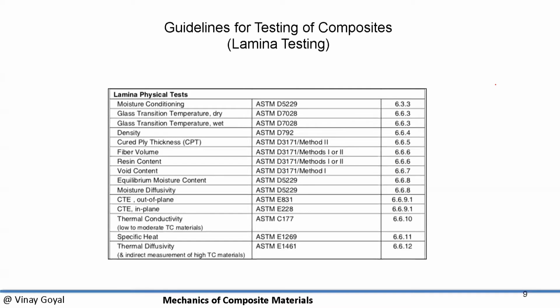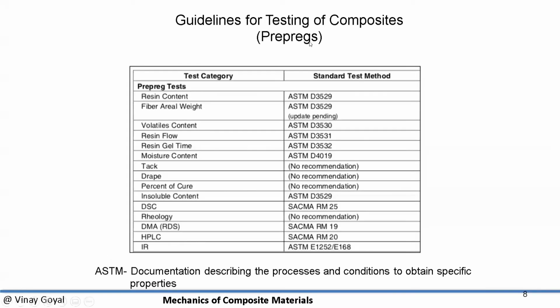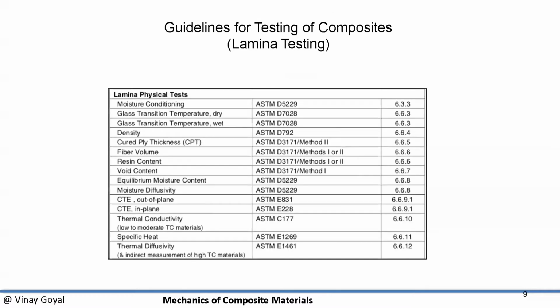We also then have guidelines for lamina testing. Now, here I went from prepreg, understanding the prepreg behavior, which is really fiber prepared within the resin, to now talk about lamina testing, where we're looking at microstructural behavior, which is a little bit different from what I discussed in the previous slide.